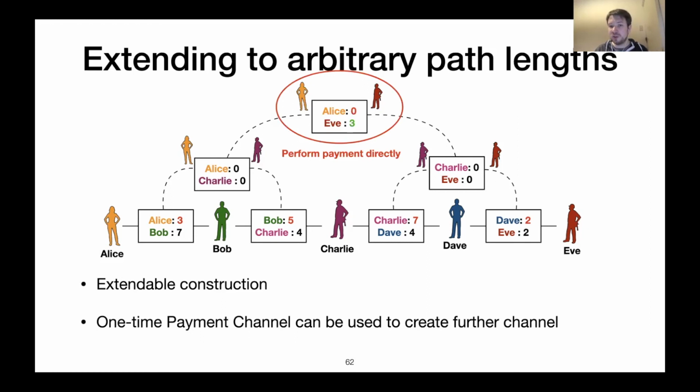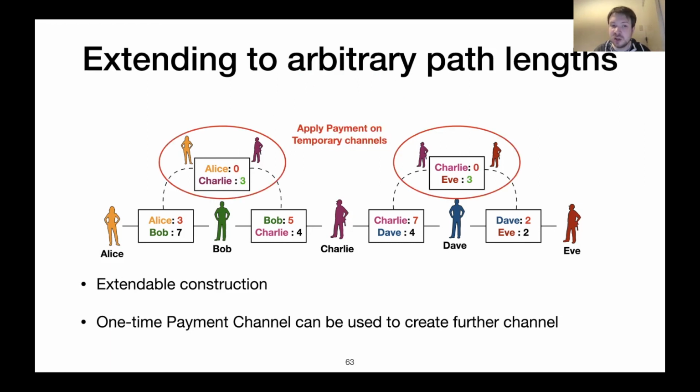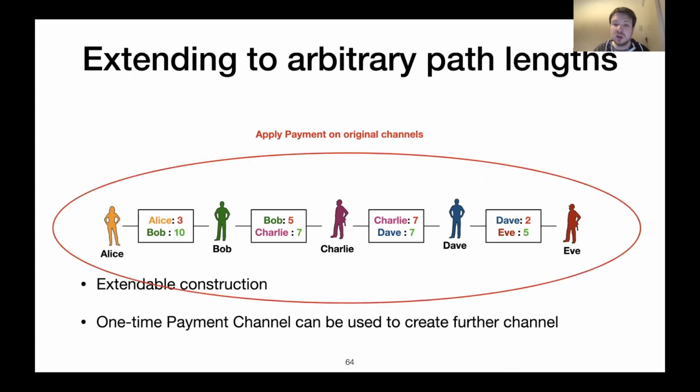Next, we perform this consolidation step with Charlie as intermediary in this case to apply the payments on the temporary channels on the level below. Lastly, we can repeat the step with Bob as intermediary and Dave as intermediary to apply all payments and consolidate them on the original payment channels.